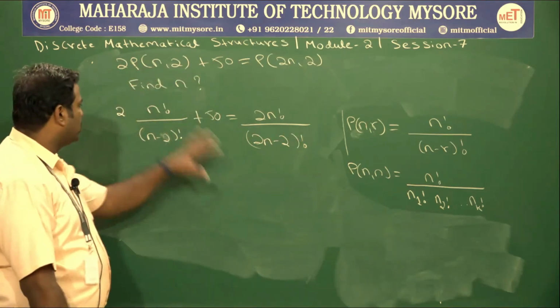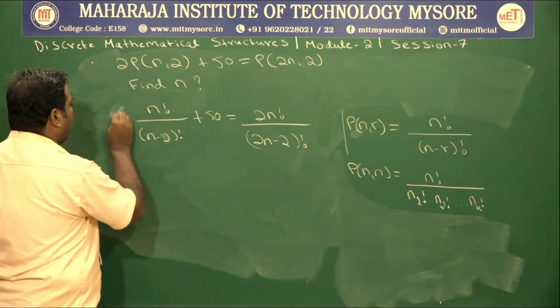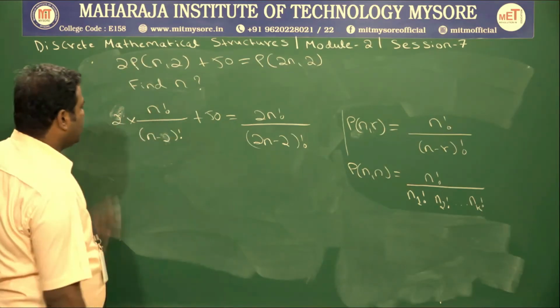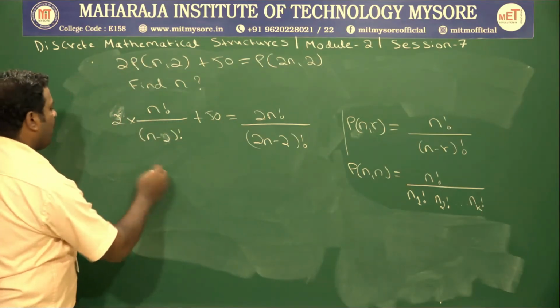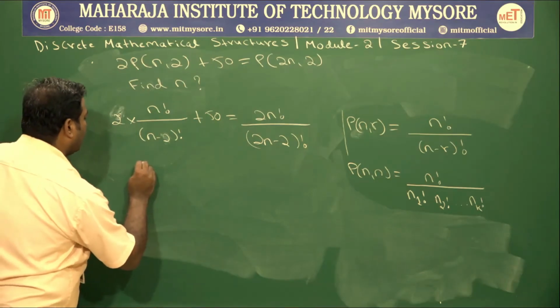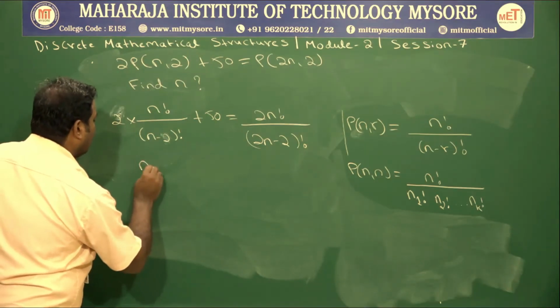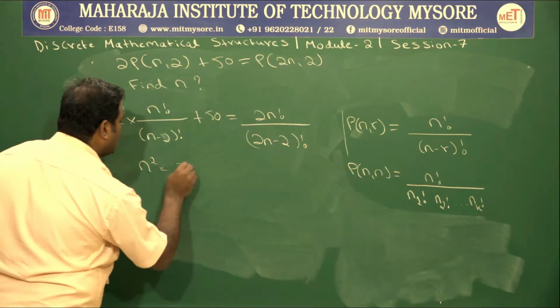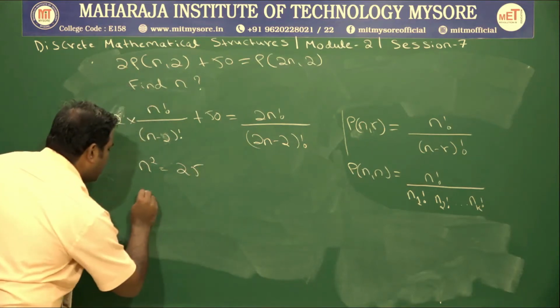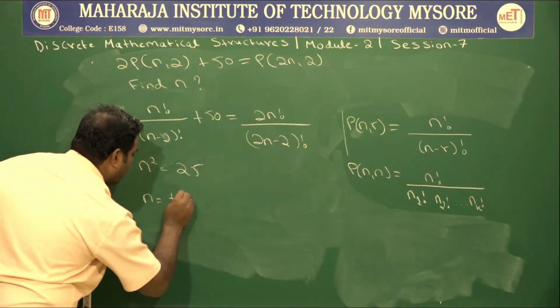So solve this equation, where you are going to end with n square equals 25 and n is going to be plus or minus 5.